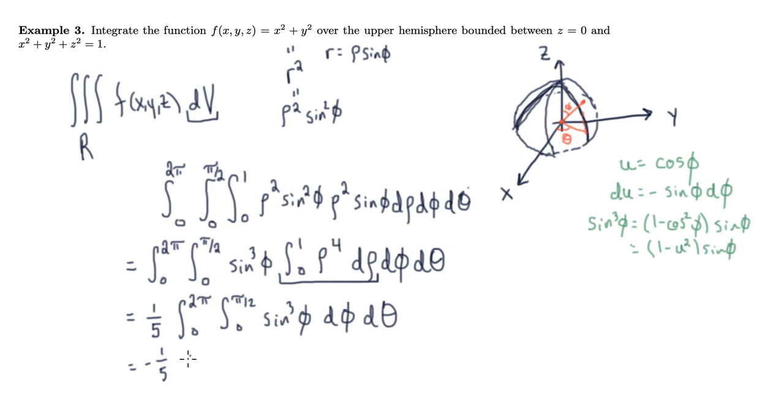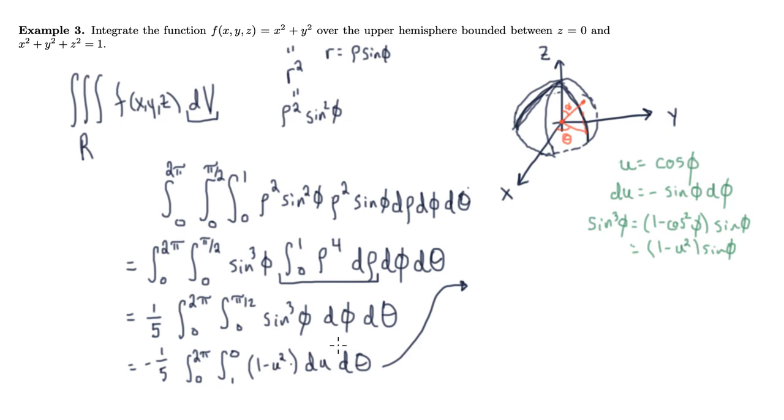And then I integrate from 0 to 2 pi in theta, and let's see where u goes between. U is going from cosine of 0, which is 1, to cosine of pi over 2, which is 0. And we have 1 minus u squared du, and then we still have our d theta. All right, and we'll keep going.